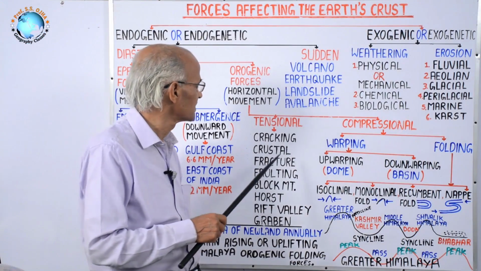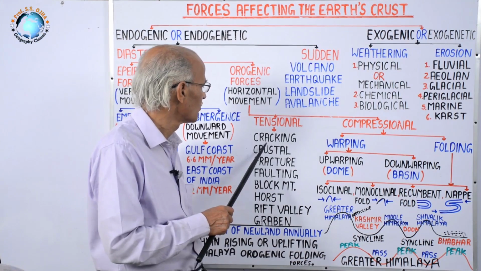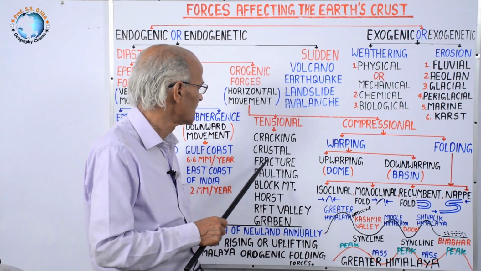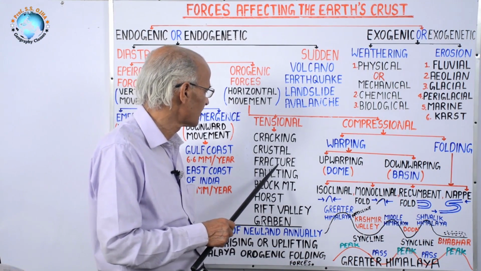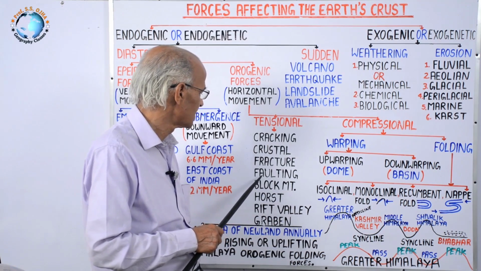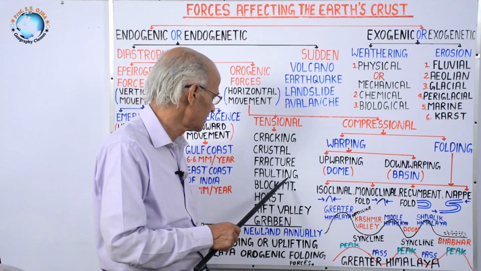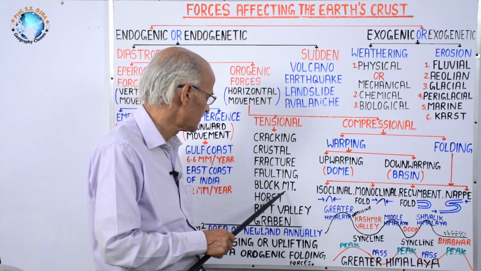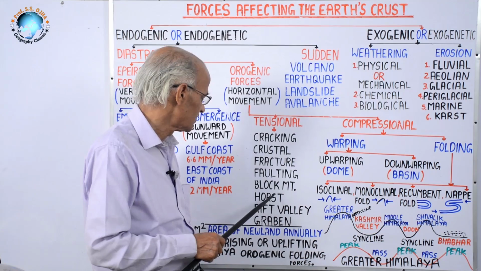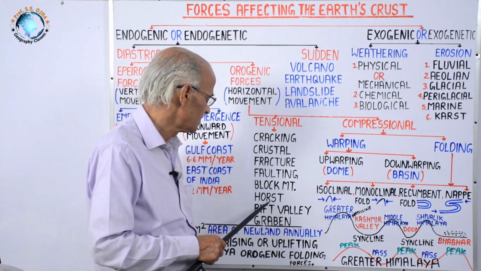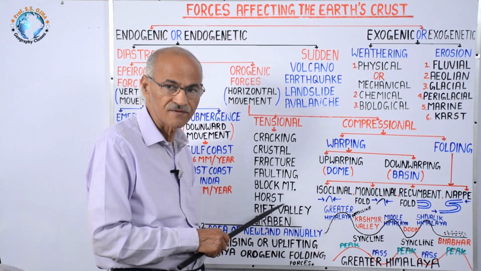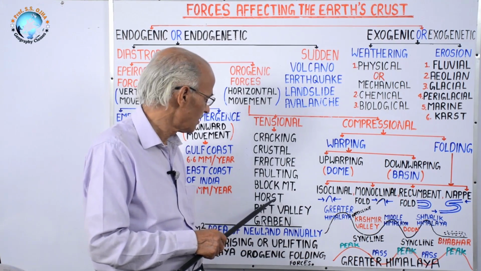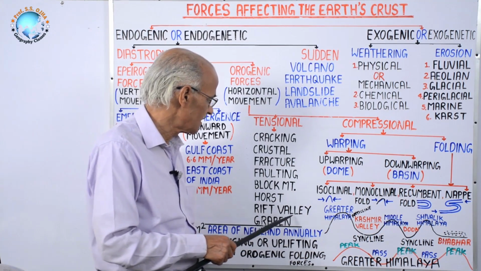The result of tensional force is first cracking, then wider than that a crustal fracture, and wider than that faulting, with the result that block mountains are formed, and the horst, bounded by two rift valleys, and rift valleys are formed.